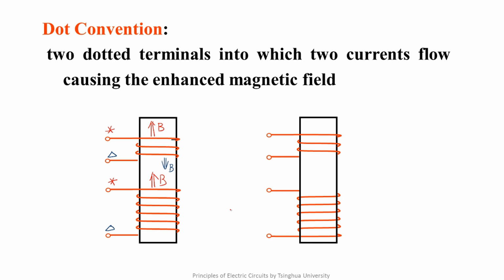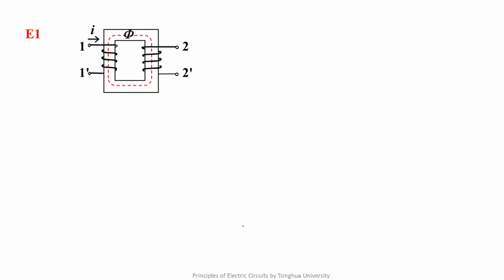Next, let's look at the case where the other coil is reversed. We can assume that here is a dot, so the magnetic field direction is like this. For the second coil, it needs a dot here, so as to make the magnetic field direction upward. Similarly, we can mark here and here as a dot convention, whose magnetic field directions are all downward.